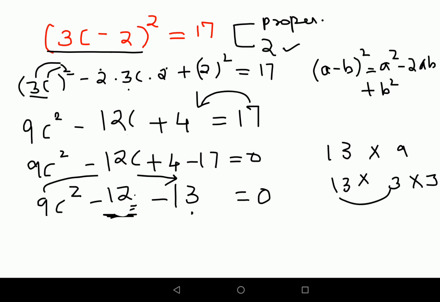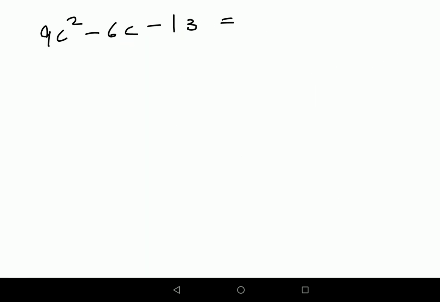Okay, so still if we do that, 13 into 3 gets you 39. 39 minus 3 plus 3 will still not get you a 12. And 13 minus 9 will also not get you a 12. So going back here, like I said, this is 12, not 6. So this is 12c.